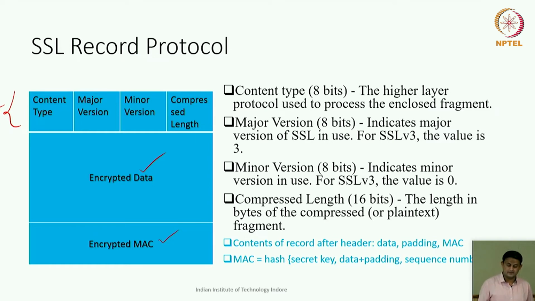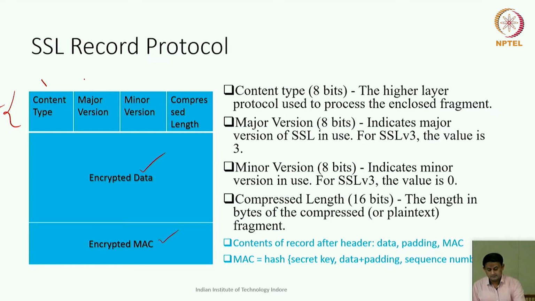Basically, it identifies what application data the SSL protocol is carrying. That is the content type, the first element within the header. It might be HTTP or other applications. For example, if you use FTP, it tells that this data belongs to an FTP application or an HTTP application, something like that.